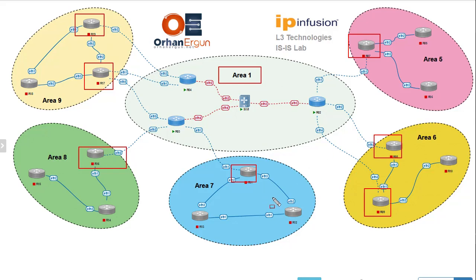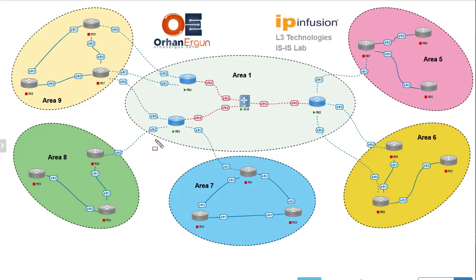You should know that when we want to have connection between different areas, the routers should be of type L2. As a matter of fact, the connection should be of type L2, because you can just say that I don't want to have all my interfaces as L2. Some of the interfaces could be L2, some of them L1. But anyway, between areas, you cannot have L1 connection.